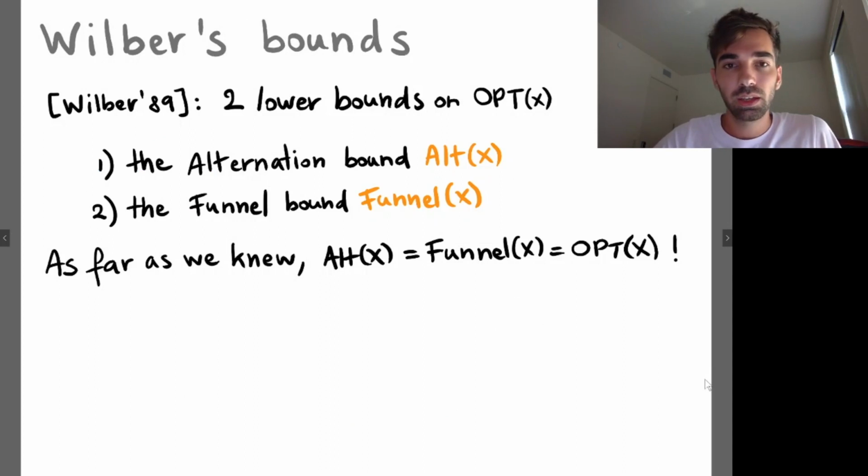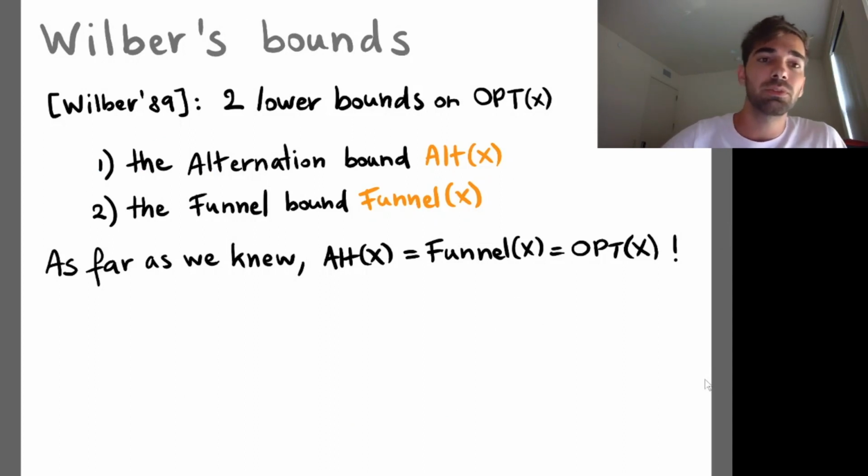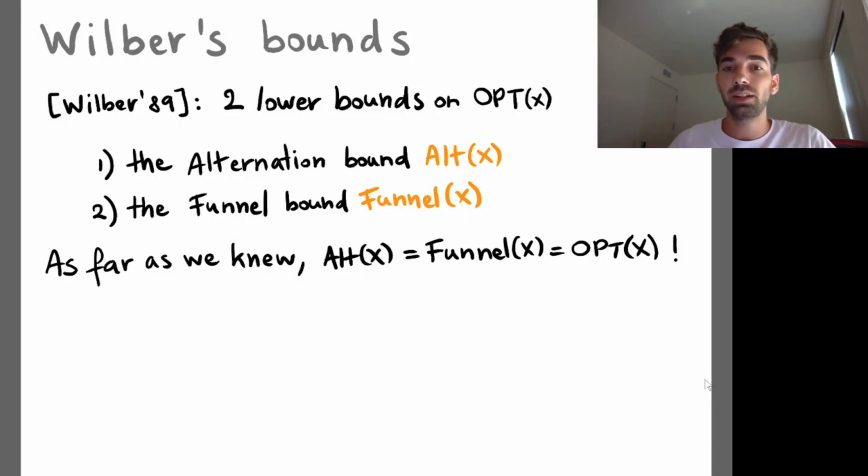And the lower bounds that we have, the two very important ones, were proved by Wilber in 1989. He showed two lower bounds on OPT of x. One is the alternation bound, denoted Alt, and the other is the funnel bound, denoted Funnel. And as far as we knew before this work, at least, both of them could have been equal to OPT, up to constant factors.